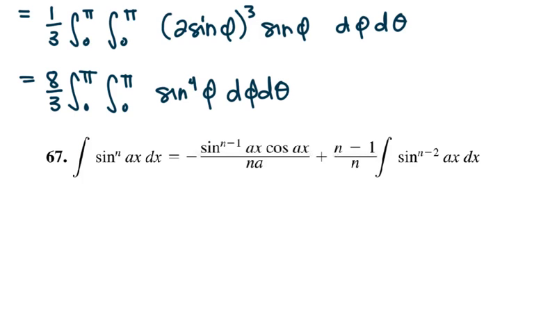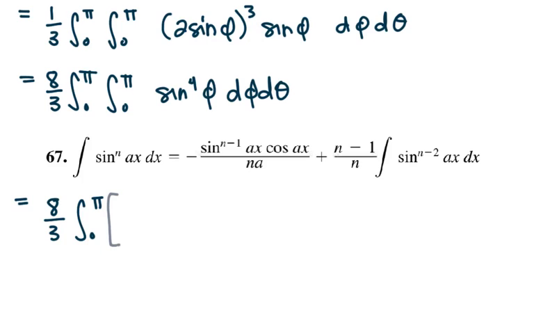I'm going to work this with n equal to 4, and my a value is the coefficient on phi, which is 1.